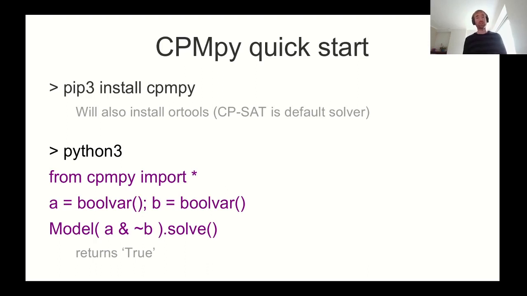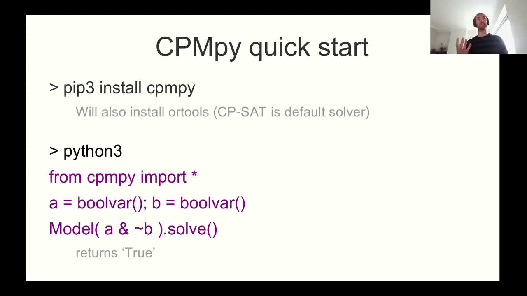Now, the first example of being in Python is that the installation process can be very smooth. CPMpy is part of pip, the Python package index, so installing it is just a matter of running pip3 install cpmpy. But CPMpy doesn't contain any solvers. The default solver is OR-Tools, which also exists in pip as a package, so it's a dependency.